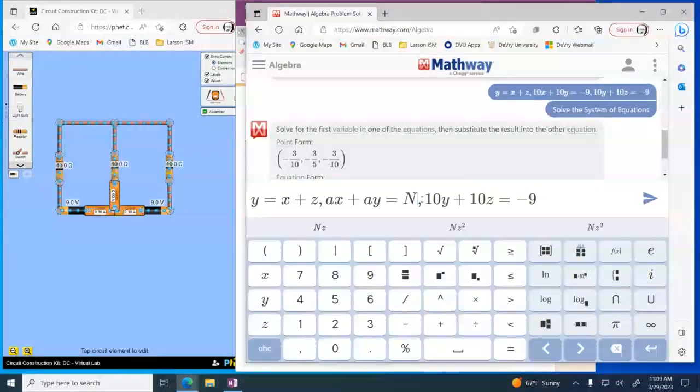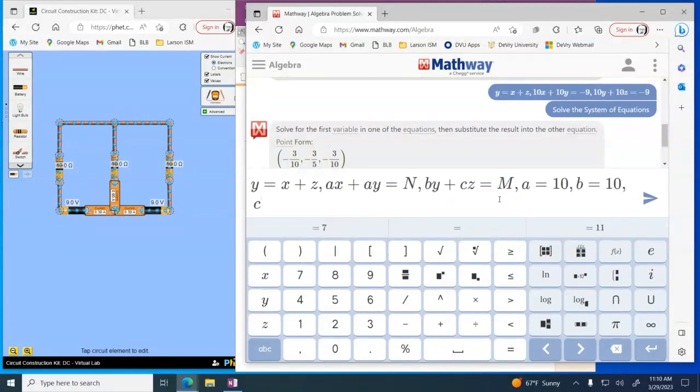Instead of a particular number, we could put a letter in here. So y would have a b coefficient, z would have a c coefficient, and instead of -9, we could have the other value. And then you could say a equals 10, b equals 10, c equals 10.